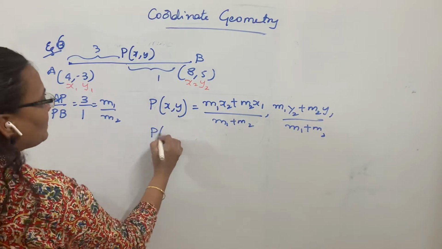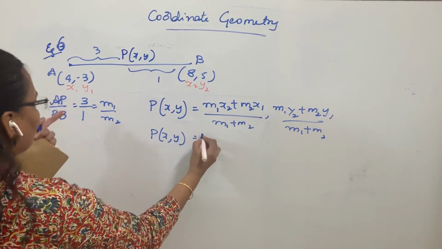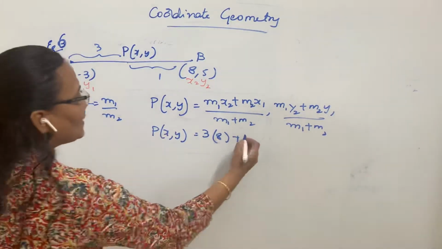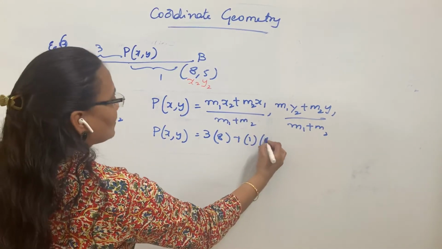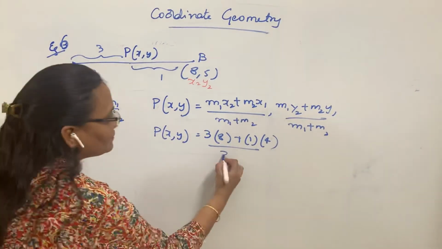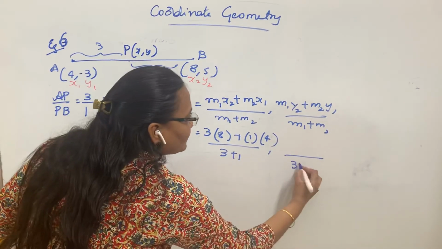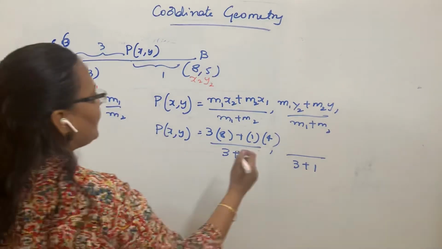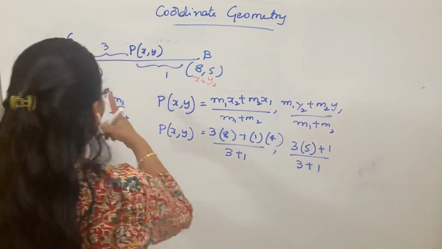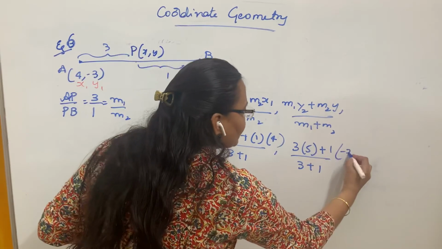That's it. P x comma y will be, what is the m1 value? 3. x2 is 8. What is m2? 1. And x1 is 4. Divided by 3 plus 1. Same way here, m1 is 3, y2 is 5, m2 is 1, and y1 is minus 3. Just simplify and get the answer.